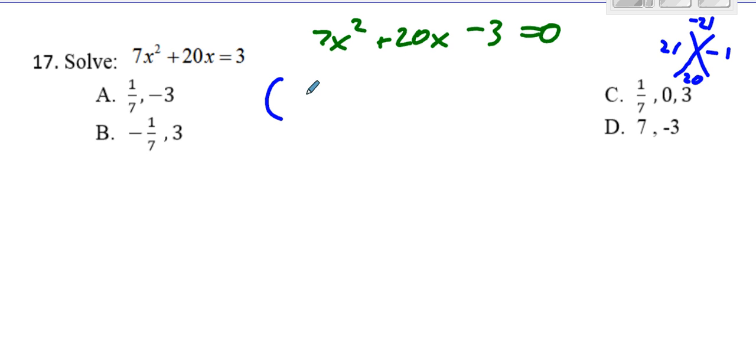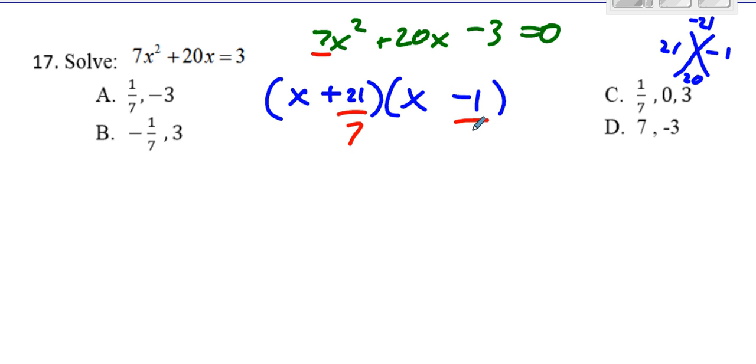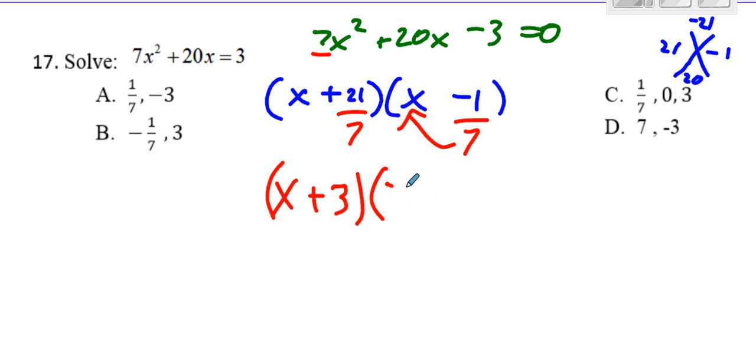So when we go to try to factor this, we start with our x's. Our two numbers are 21 and negative 1. But the trick for bottoms up is you have to divide everything by whatever that front number was, 7. If it reduces, you reduce it. If it doesn't, bottoms up. 7 goes in front of the x.